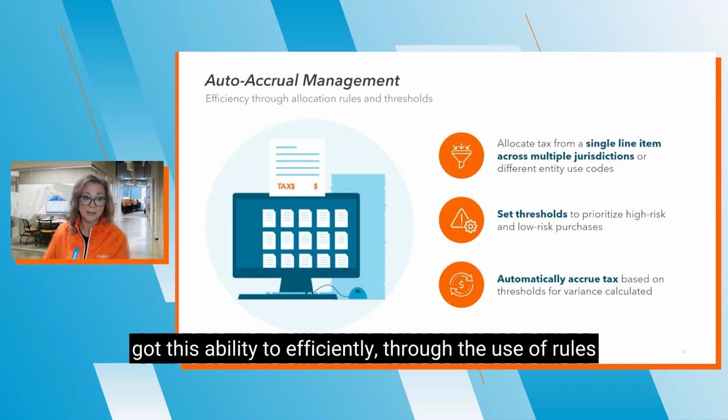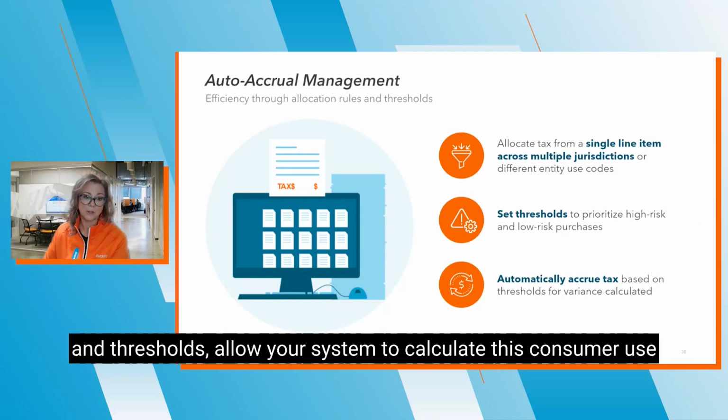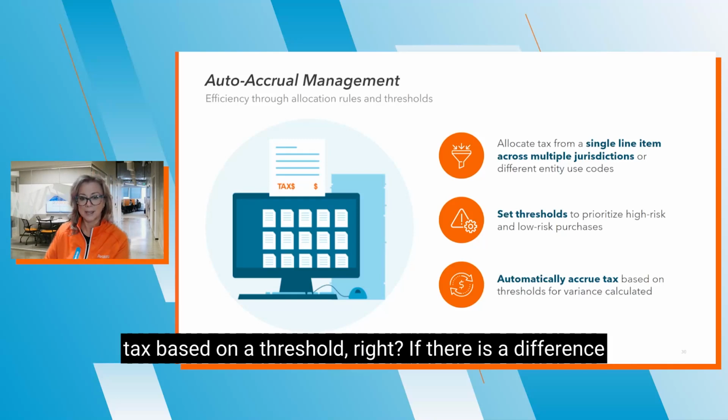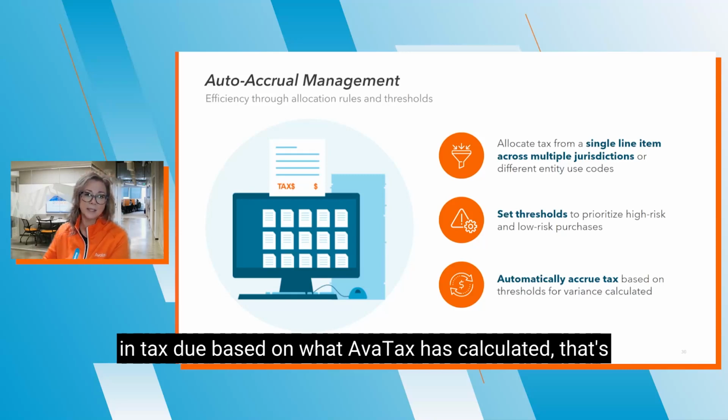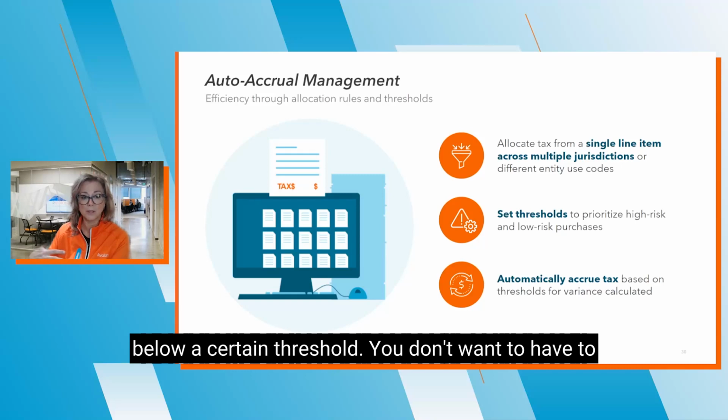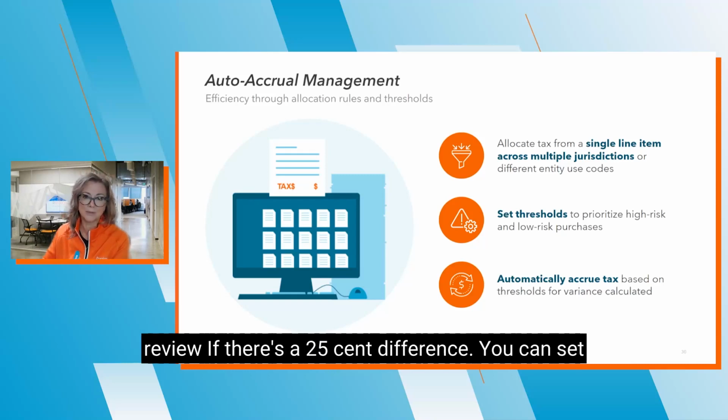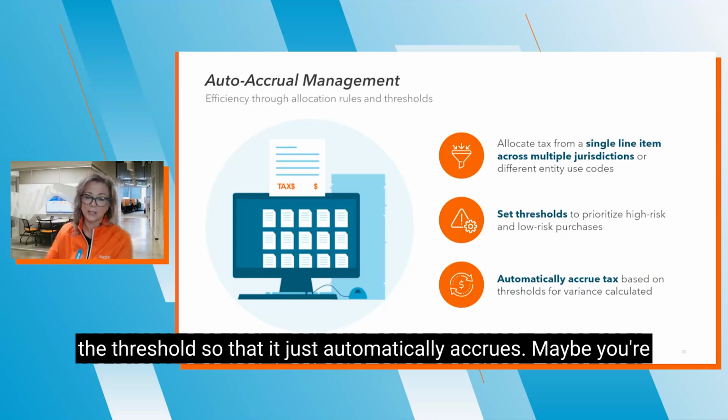So we've got this ability to efficiently, through the use of rules and thresholds, allow your system to calculate this consumer use tax based on a threshold, right? If there is a difference in tax due based on what AvaTax has calculated that's below a certain threshold, you don't want to have to review if there's a 25-cent difference. You can set the threshold so that it just automatically accrues.